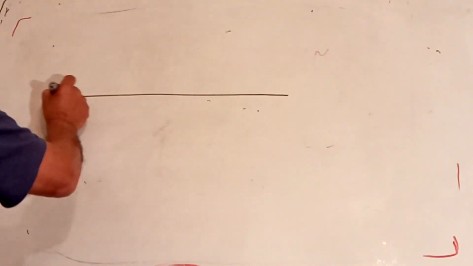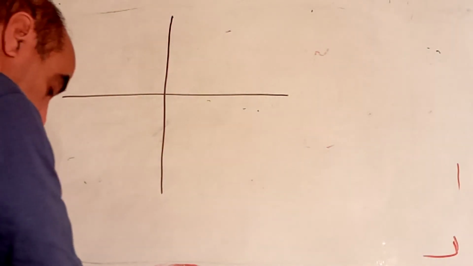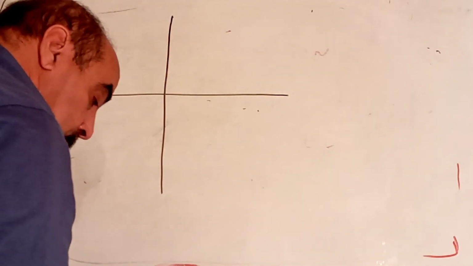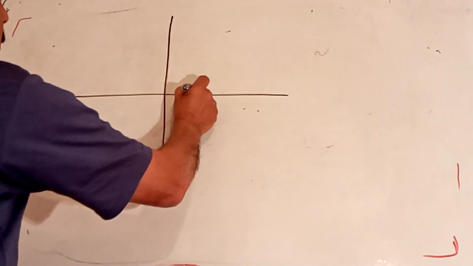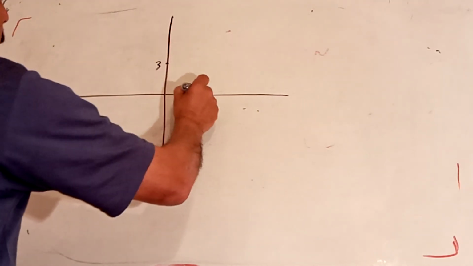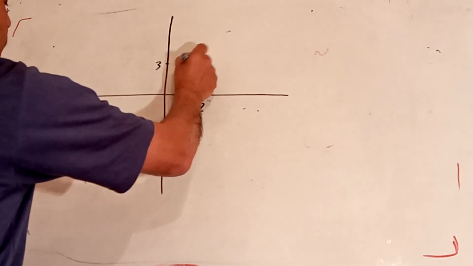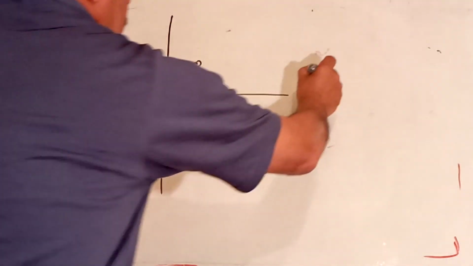Let's start with the first one. We start with the points that are given. 2 and 3. This is 2. This is maybe 3. So the point 2 and 3. The points are right here, 2 and 3.